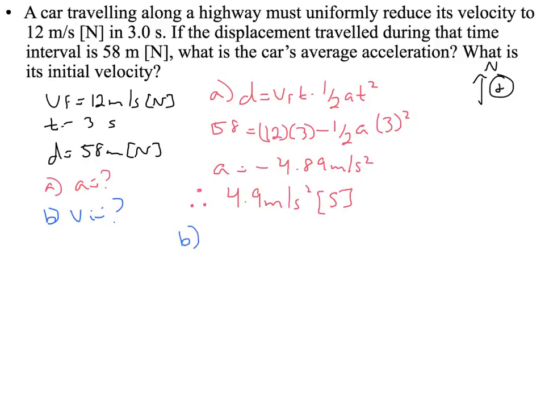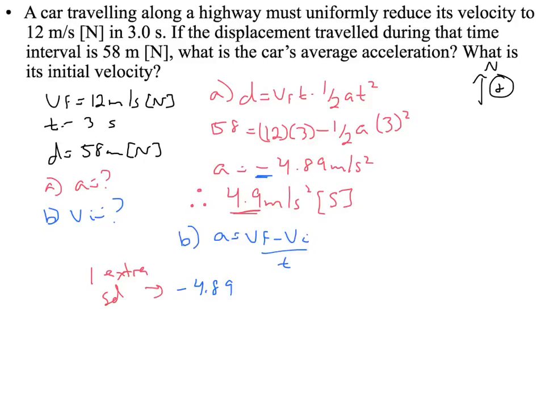B asks us for VI. In this case, let's use the equation A equals VF minus VI over T. Okay. Plug some numbers in. Now, for acceleration, we need to use the negative, because it's going to be opposite to the motion. So we'll say negative 4.89. Now, it's important to note we use one extra sig dig than our previous rounded answer.